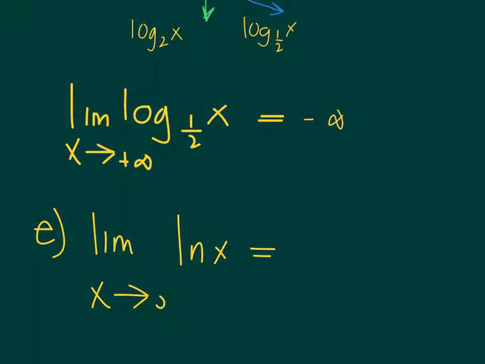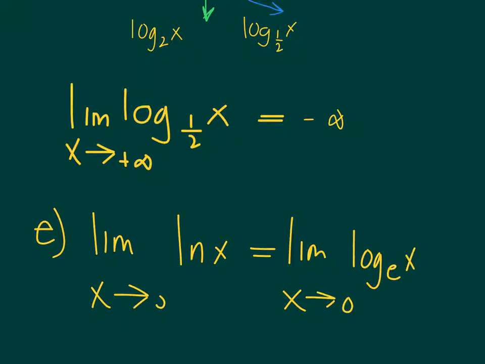But what kind of logarithmic function is this in terms of the base? Is it bigger than 1 or less than 1? Ano ba ang base ng log kapag sinabing ln? The base is e. Diba? So the limit as x approaches 0 of log base e of x.